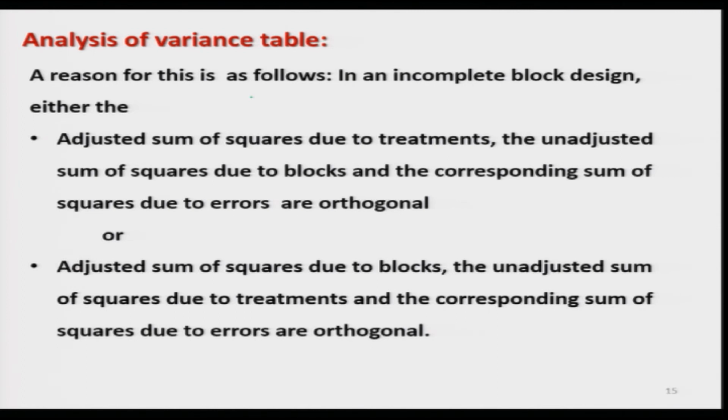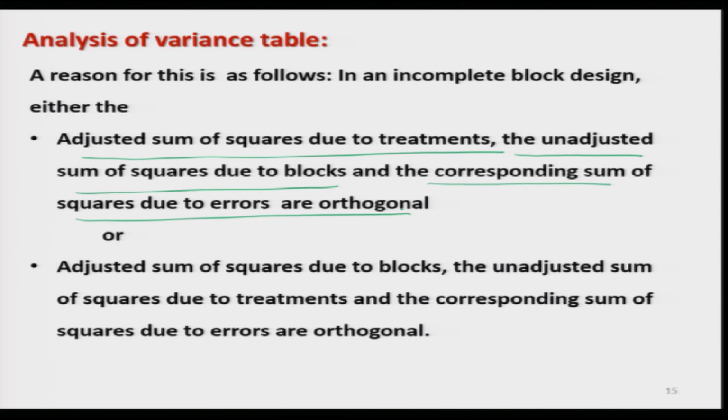So, the reason why we conduct two different types of test statistics or analysis of variance for the two hypotheses, which is different from the case of complete block design, is that in the setup of incomplete block design, there are two options. Either the adjusted sum of squares due to treatment, the unadjusted sum of squares due to blocks and the corresponding sum of squares due to errors are orthogonal.